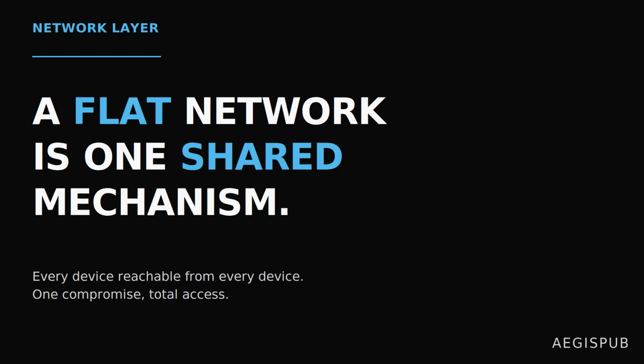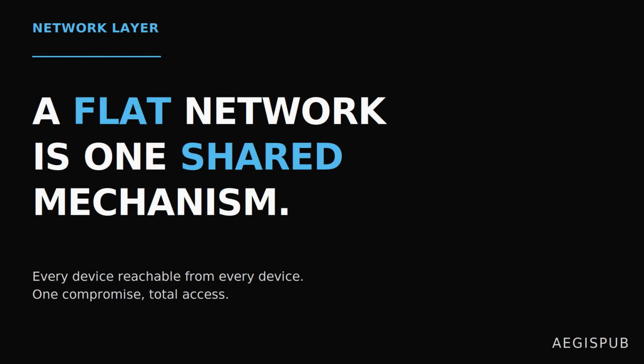At the network layer, the shared mechanism is the network itself, or, more precisely, the degree to which different users, applications, and trust zones share the same network fabric without barriers between them. A flat network is the extreme case. Every device on the same subnet.